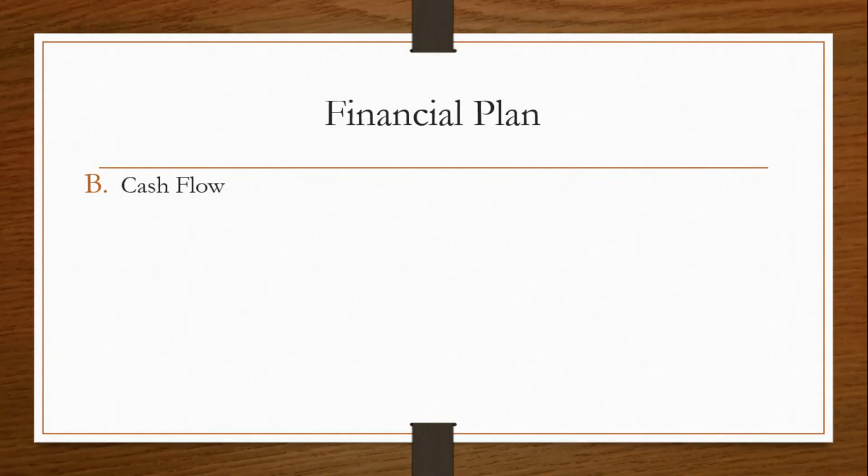But if you want to determine the other measures, let's continue to discuss the cash flow projection. In the cash flow projection, the first thing that we need to know is how much money we need before the start of the operation.